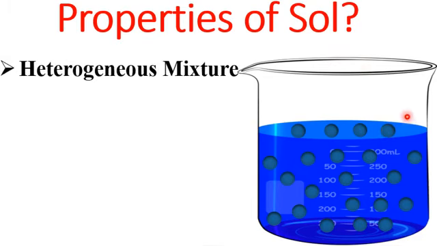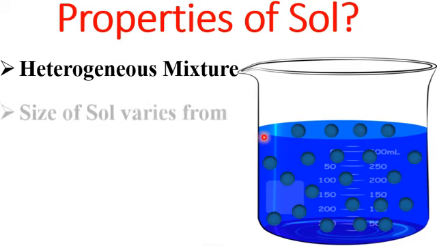Okay, so the sol is a mixture of solid particles as well as a liquid phase, and both of these, the solid particles and the liquid phase, are heterogeneous and the mixture is not continuous. They have a different composition of solid and liquid phases.